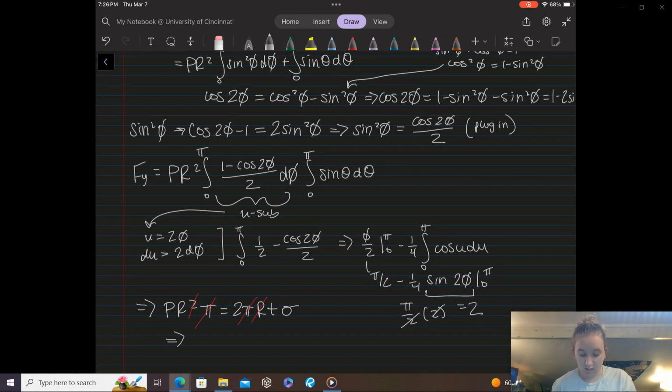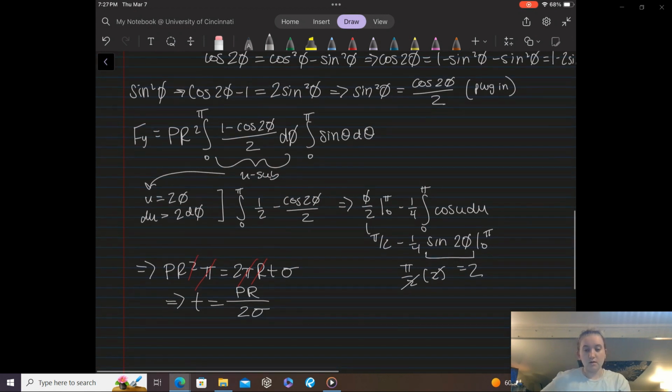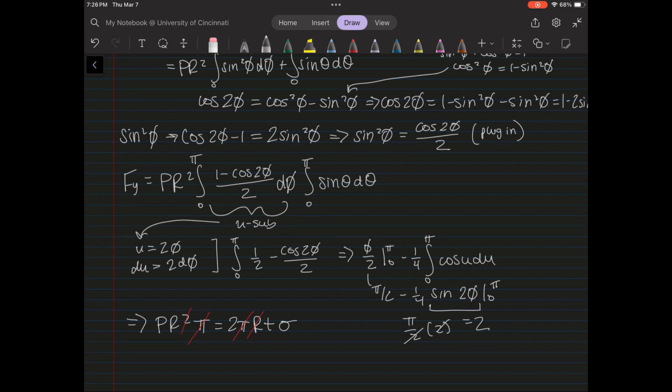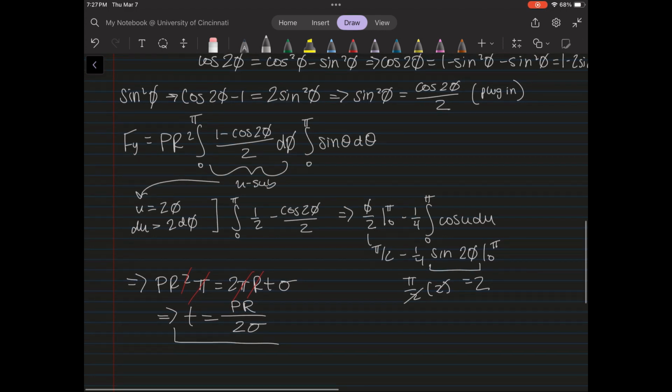So then to solve for t, you are left with not 2P. You're left with PR divided by 2 sigma. And that is the equation. So then to solve for t, we are left with just t equals 2P. Nope, sorry. That's wrong. You are left with PR over 2 sigma. And that is our equation for the thickness necessary.